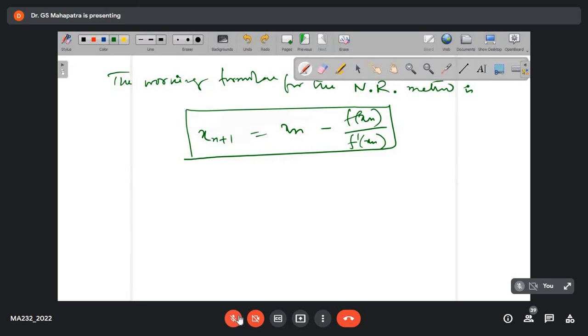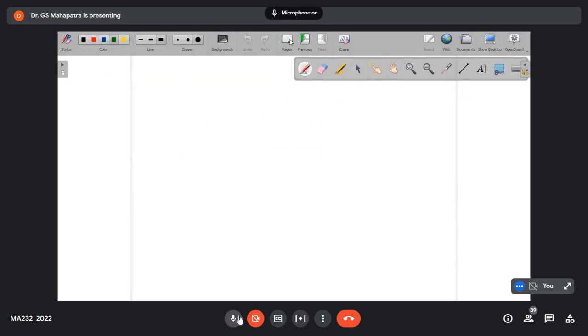So now we will consider one problem and check how to use this formula. Next, keep a pen and calculator ready.